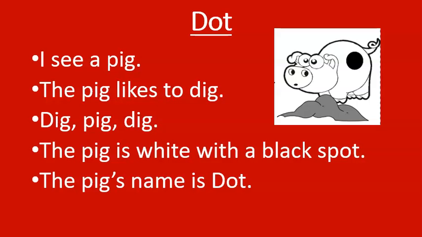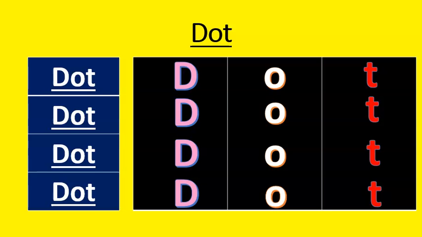I'm going to switch the slide. Boys and girls, here is our title. We are going to read the letter sounds and then blend them back together. We are going to start here on this row.